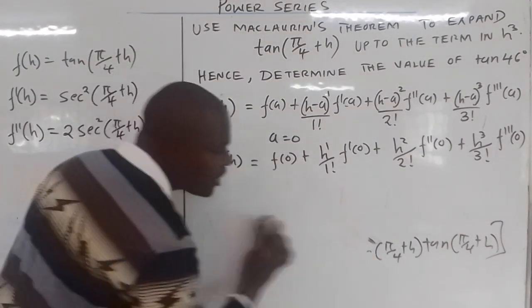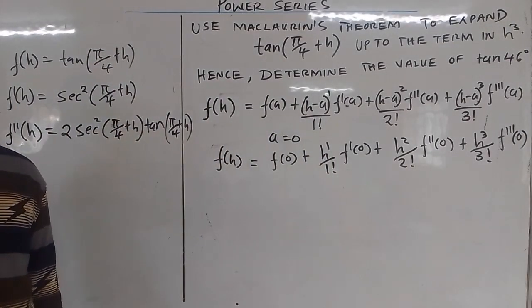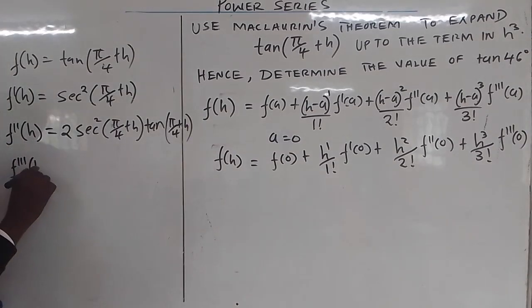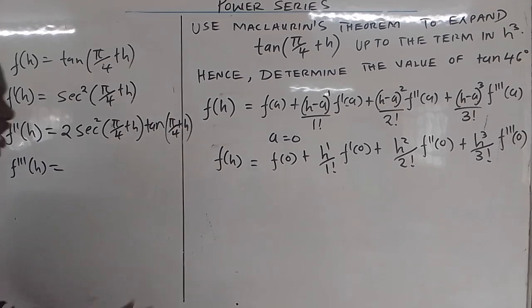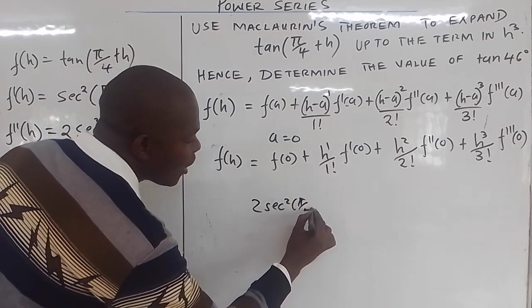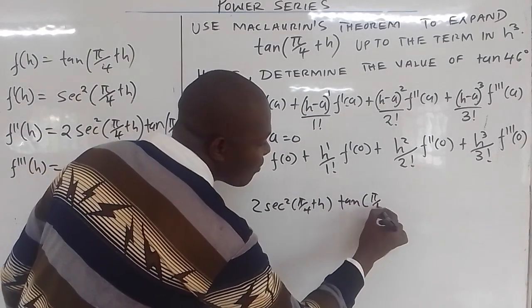This one is very, very different from the Taylor expansion of x plus h, okay? You move to the next one, f triple prime of h. If you now differentiate it for the third time, that is now product rule, because here we have 2 sec squared of pi over 4 plus h times tan of pi over 4 plus h.